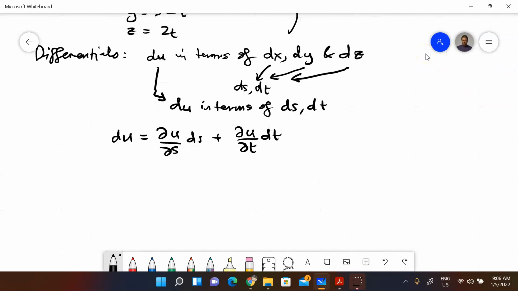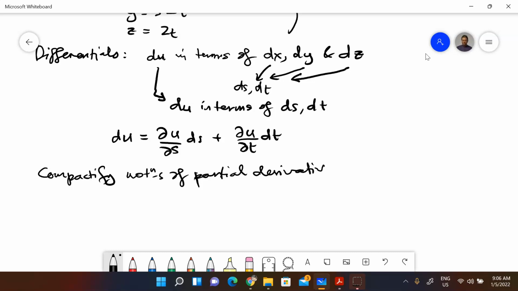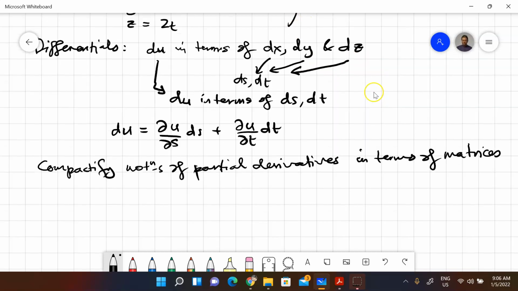So one could compactify your notations of partial derivatives, as if they are matrices, in terms of matrices. This would be a convenient way to write things down. So let me just write it.